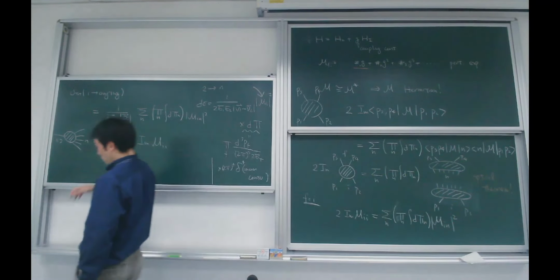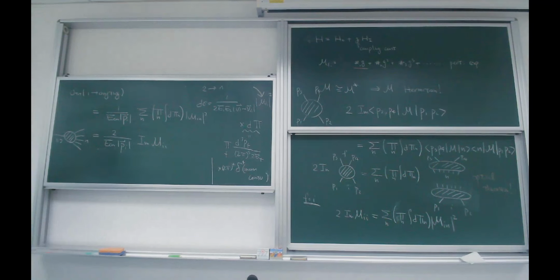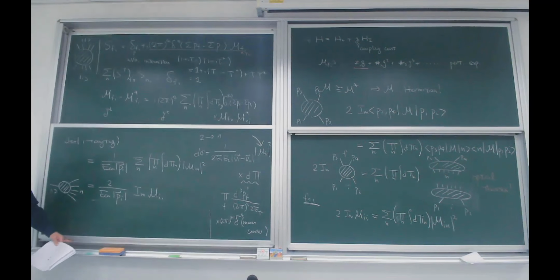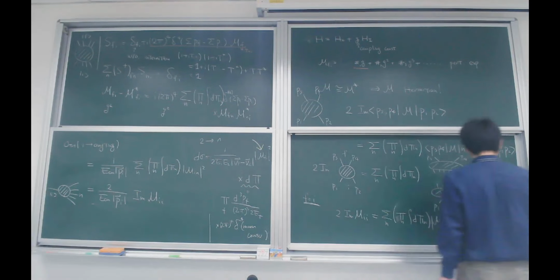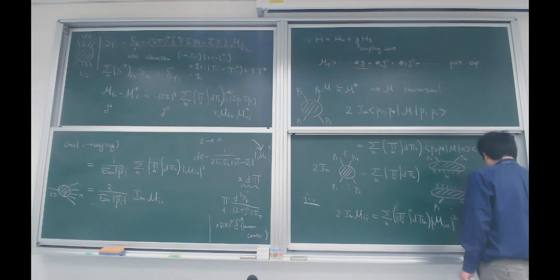And I think many people here already learned this kind of optical theorem in quantum mechanics in undergraduate study. If not, this is the first time, and even if it's the first time, it's totally fine. So this is a consequence of unitarity.